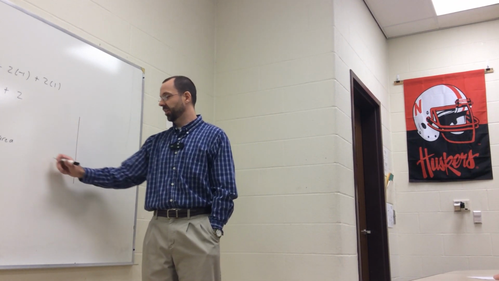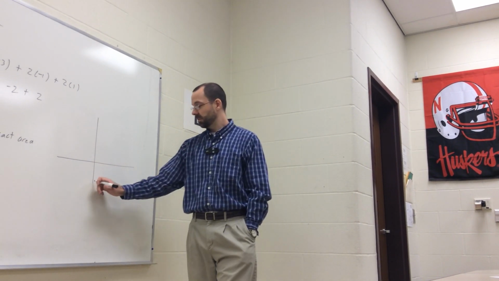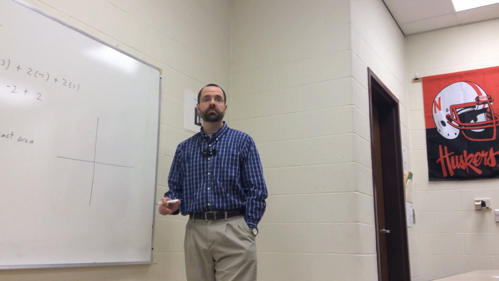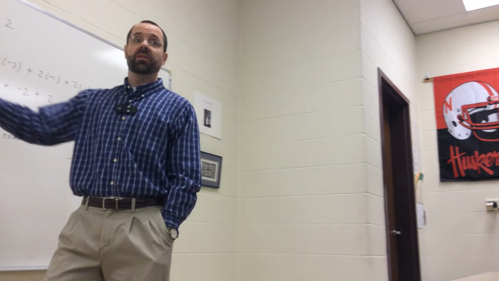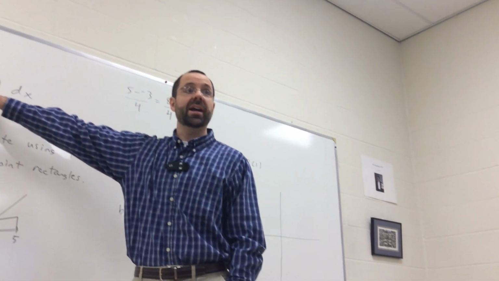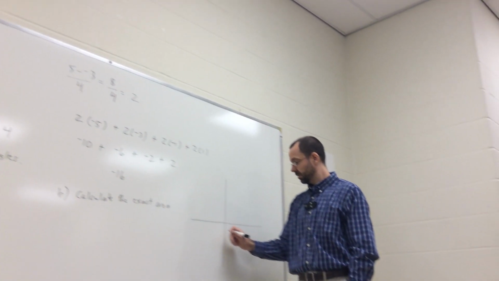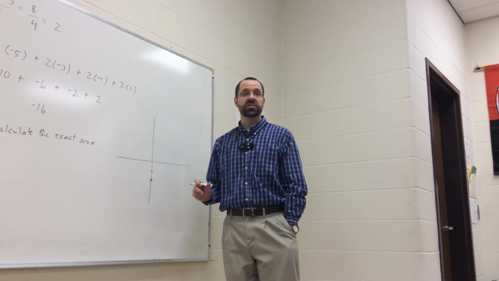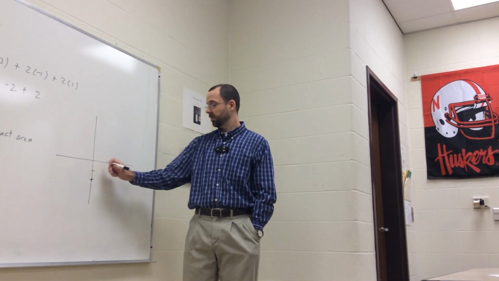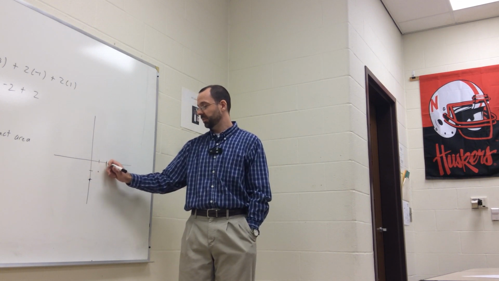So to get the exact area, I need to be a little bit more careful with my graph. So if I'm going to graph this line, the y-intercept is negative 2. And the slope is 1. So I'm going up 1 over 1, up 1 over 1.